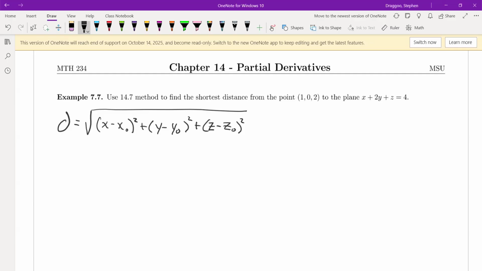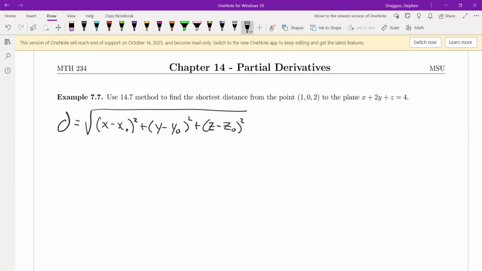That's what I want to do. My goal is to minimize that equation, which means I'm going to have to take a derivative of that equation, and I don't want to do that because that square root is going to make things a gigantic mess.